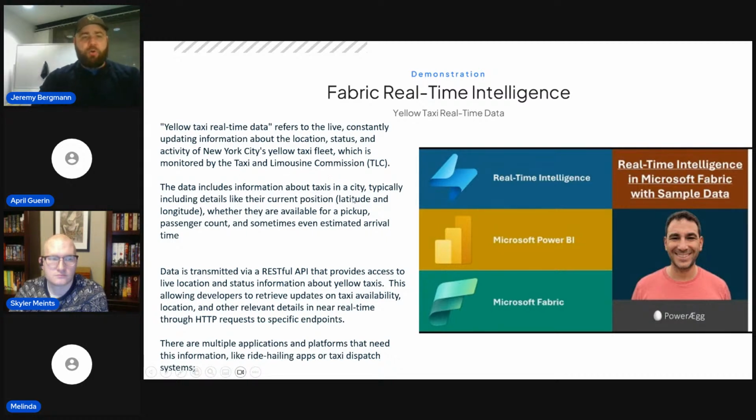So they need to know where all their vehicles are, latitude and longitude at that moment, and which ones are available to pick up, passenger counts, and even estimated arrival times. This data is transmitted through a REST API. So it's near real-time data, not quite real-time data.